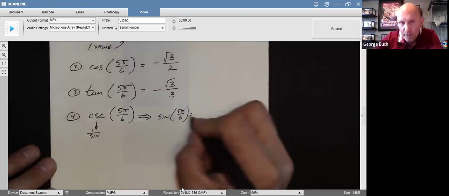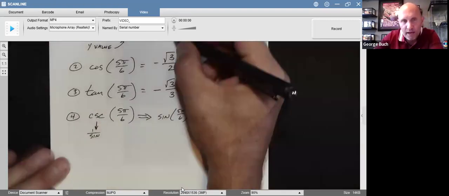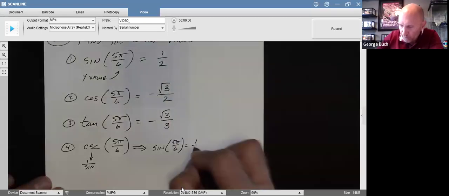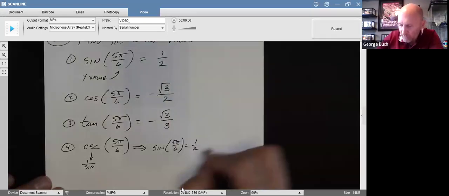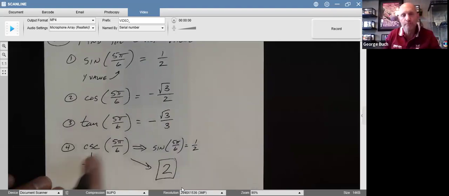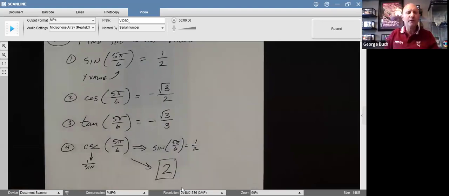So we already found up here in part 1 that sine of 5 pi over 6 is a half. So therefore, if I take the reciprocal, if I flip this thing, it becomes 2 over 1. So therefore, cosecant of 5 pi over 6 is just 2. And that's how you're going to calculate the values for cosecant, secant, or cotangent. Find our base one, sine, cosine, tangent, and then take the reciprocal.